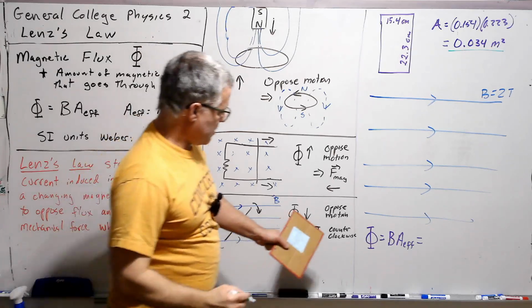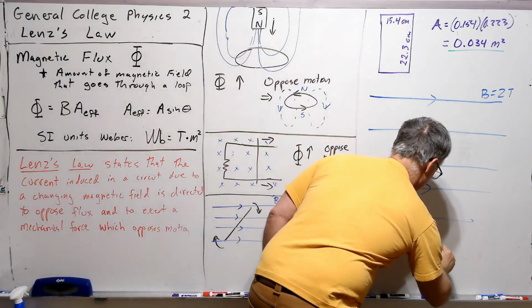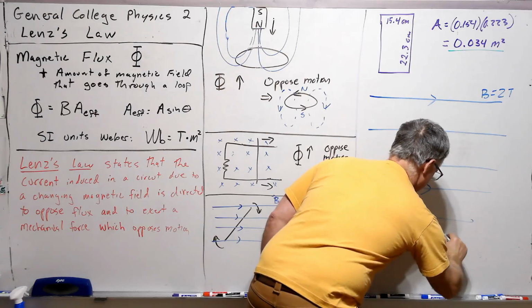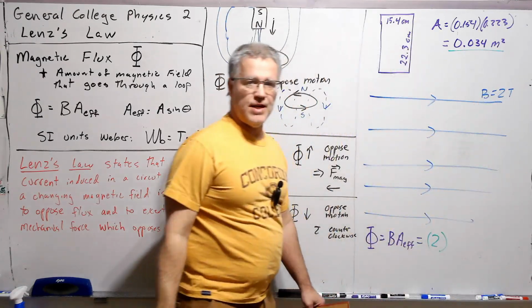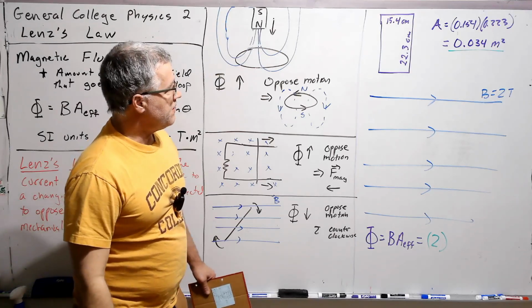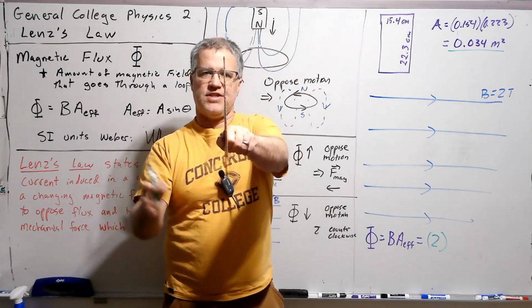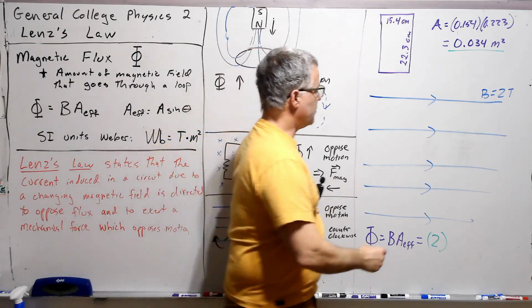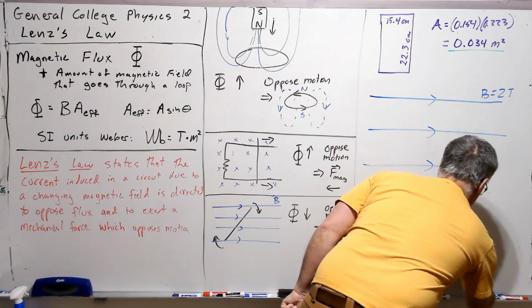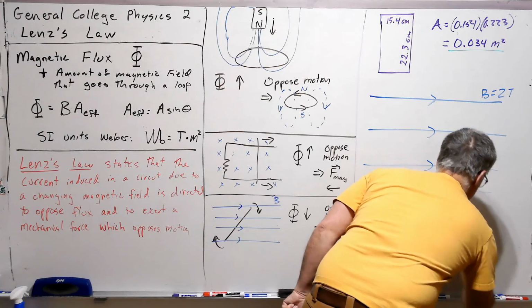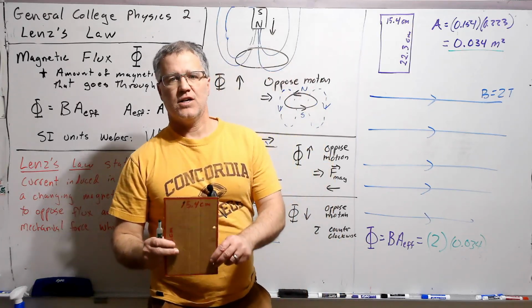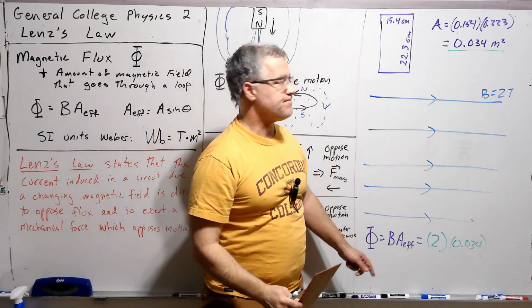And so our flux here is going to be 2 from the 2 Tesla. That will remain the same. And then our effective area, in this case, will be the full area. If I just stick this like this, it'll be the full area. So it would just be 0.034. And that will give us our total flux.